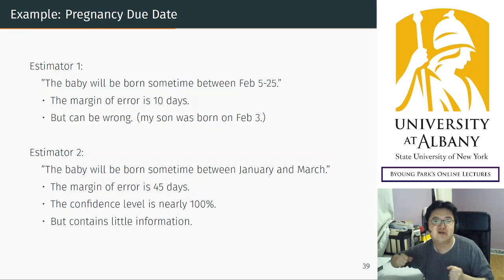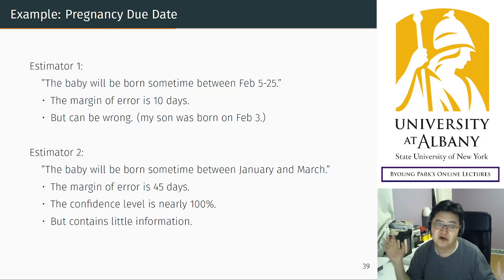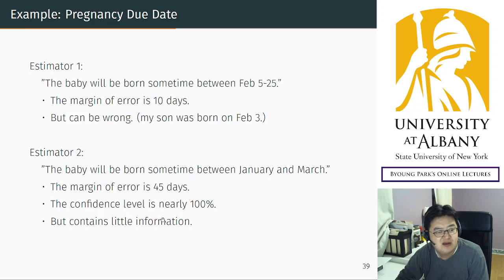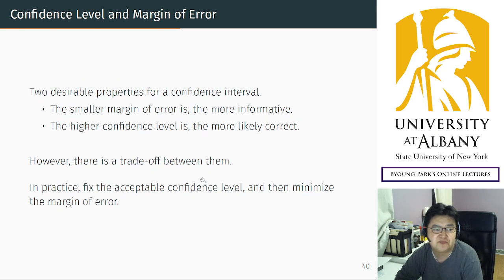If you make the interval super large, from minus infinity to plus infinity, it cannot be wrong. But that's not what we want. Either is not what we want. Therefore, we have to choose somewhere in between them, and that determines the confidence interval.